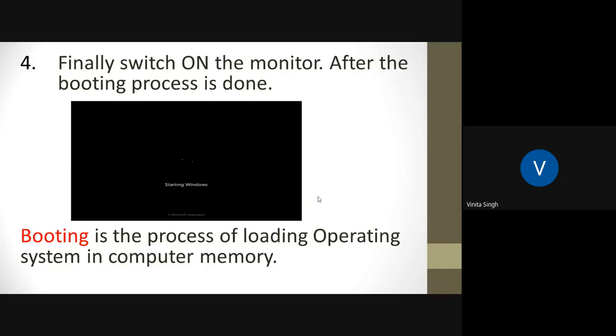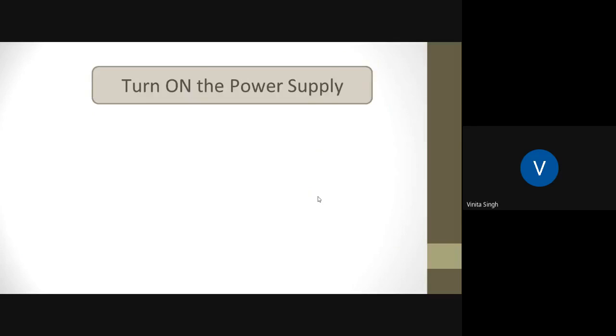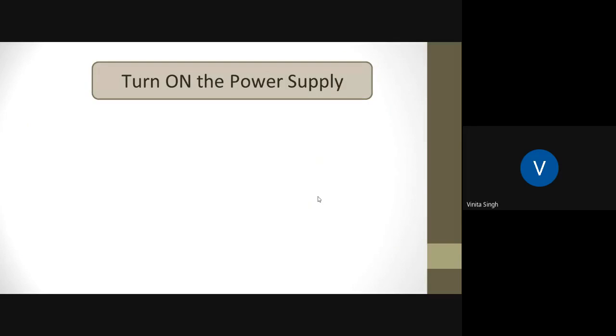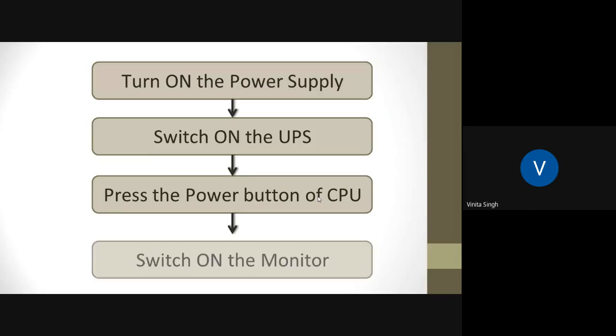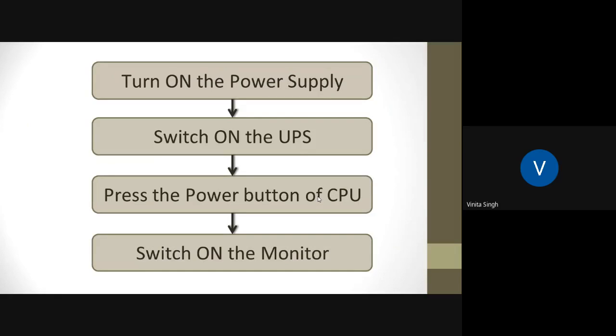After your work gets completed, you do need to switch off the computer, or your computer system will have some side effects. So let us revise the following steps to switch on the computer: turn on the power supply, switch on the UPS, press the power button of the CPU, and finally switch on the monitor.